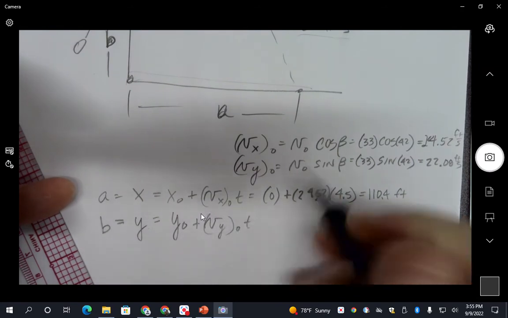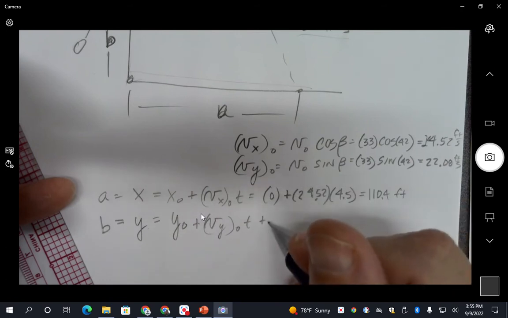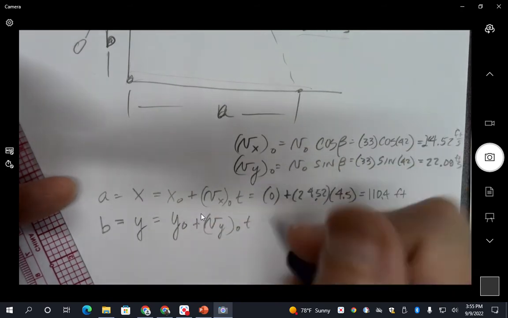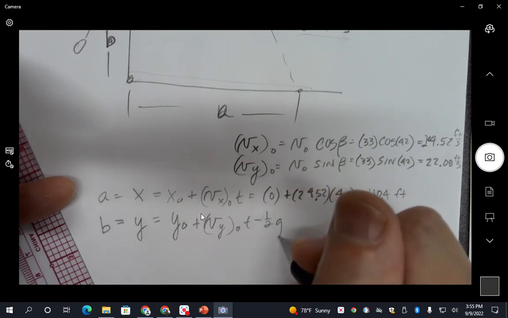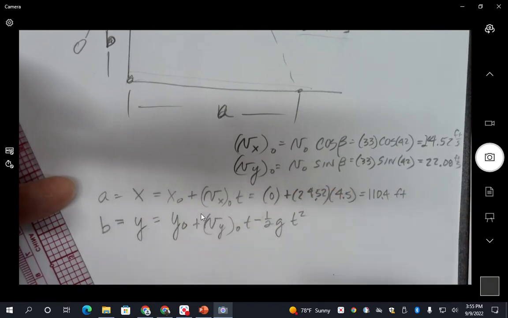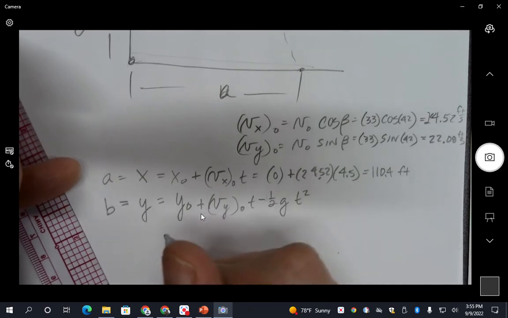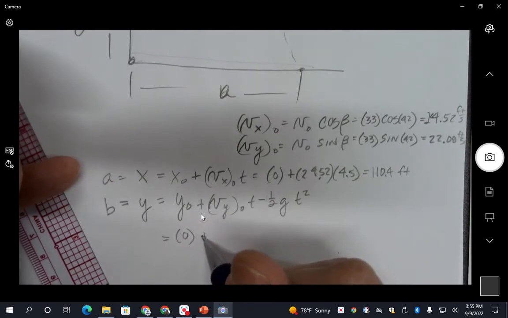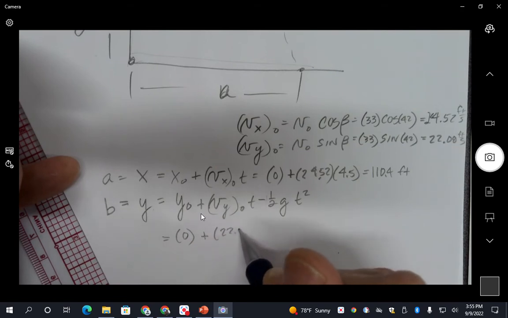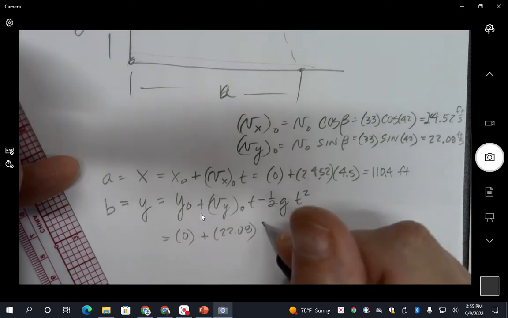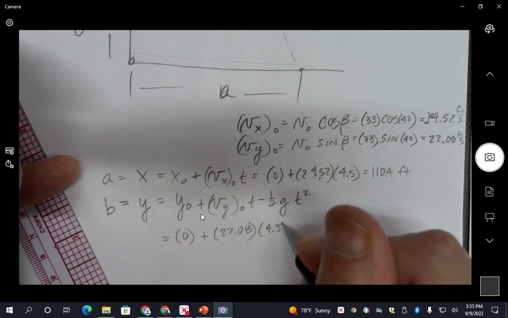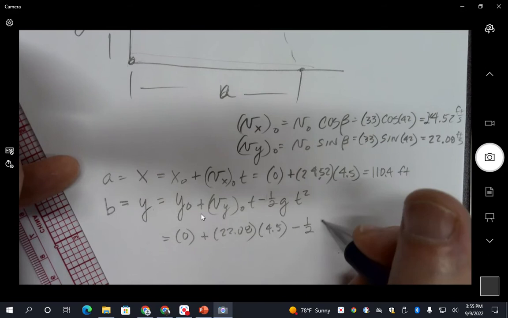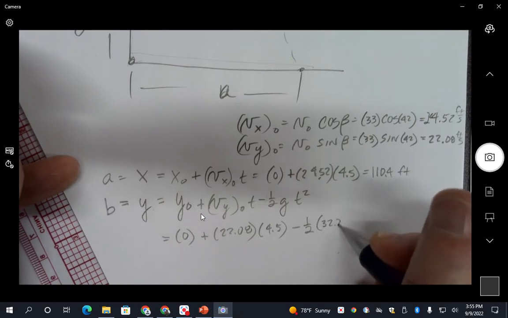So we'll start out with VY0 times T plus, really should be minus, right? Minus 1/2 G times T squared. So, get the 0 there, plus 22.08 times our 4.5 minus 1/2. And remember, it's system of units, this is going to be 32.2 because it's US units.